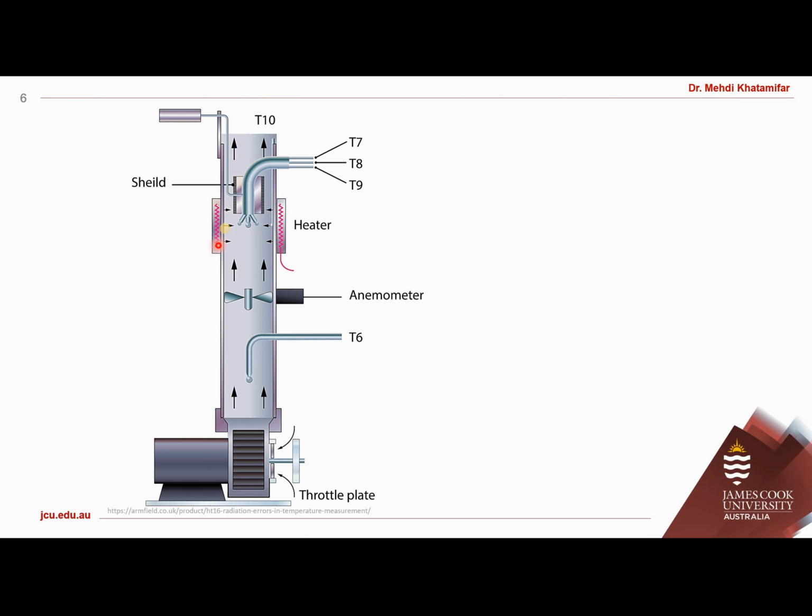We can stop that radiation by lowering this shield and blocking the radiation from the heater to those thermocouples, or raise the radiation shield to have radiation over these thermocouples. So we can play with this radiation shield by raising or lowering it and see the effect of radiation on the temperature.